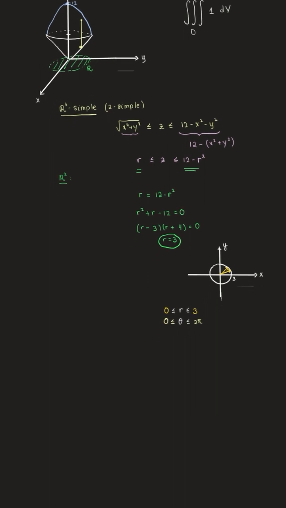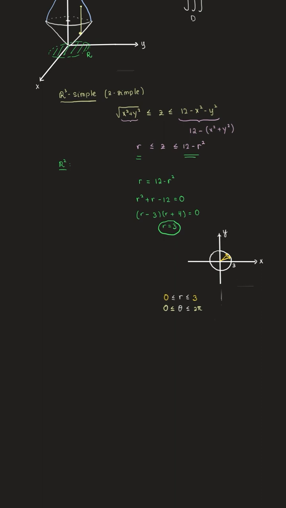So we're ready to set up our triple integral to find the volume. We've got our triple integral over region D of 1 dV. Our outer integral for theta will go from 0 to 2 pi. Our middle integral for r will go from 0 to 3.